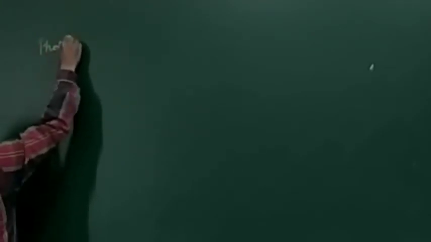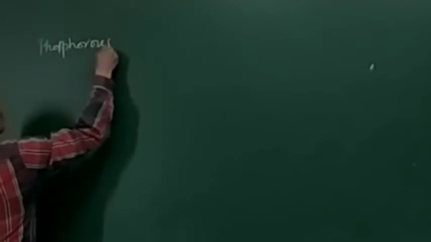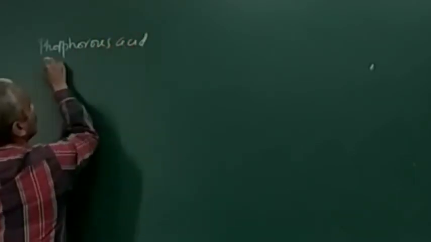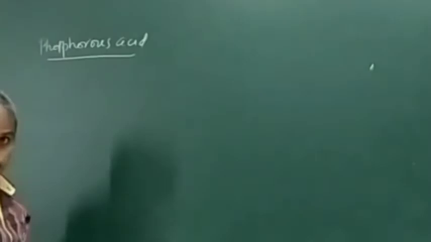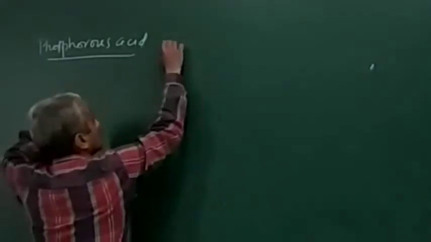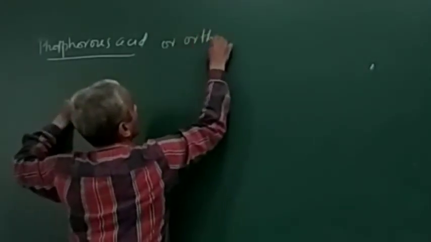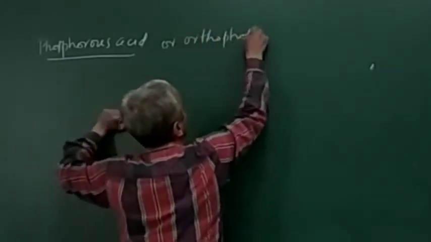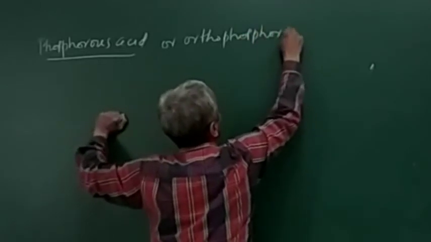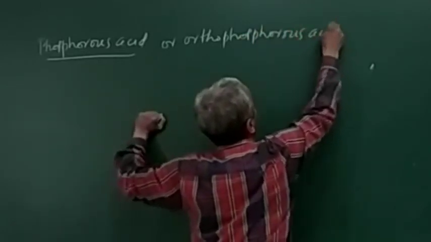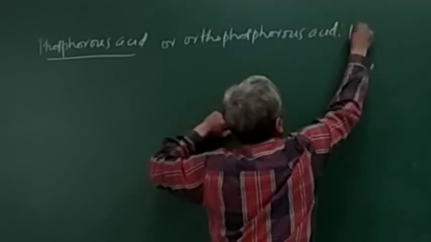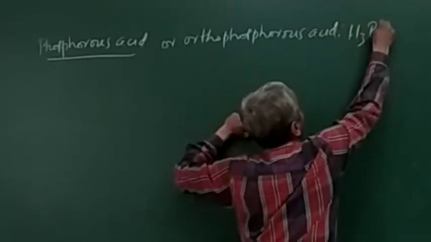Phosphorus acid. This is also known as orthophosphorus acid. The formula is H3PO3.